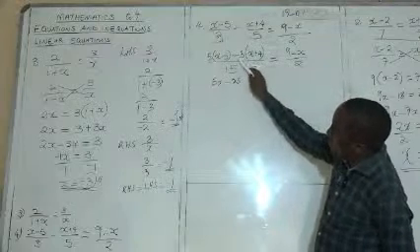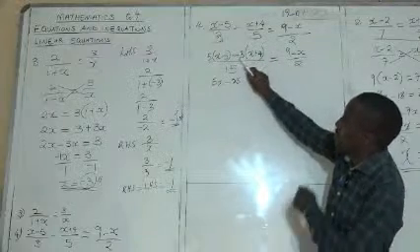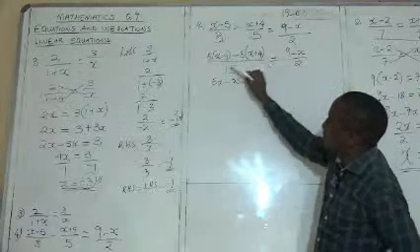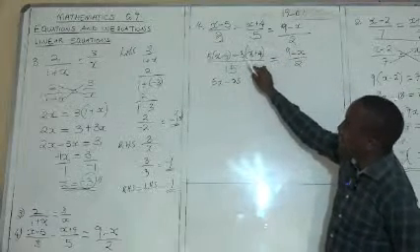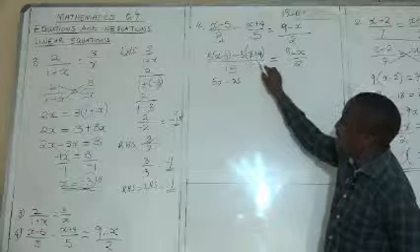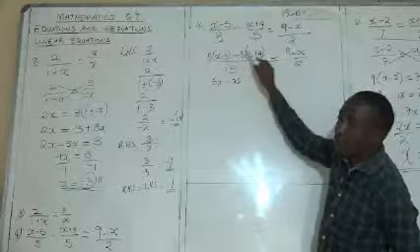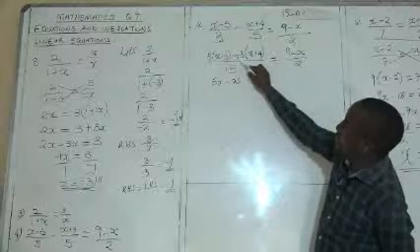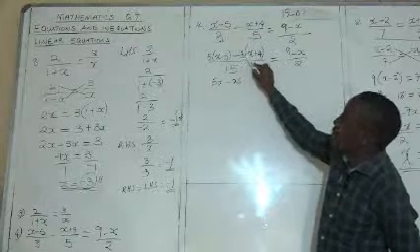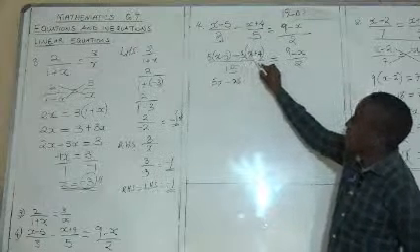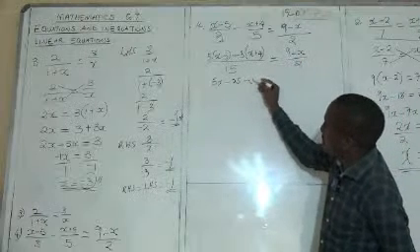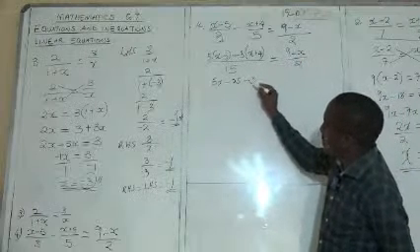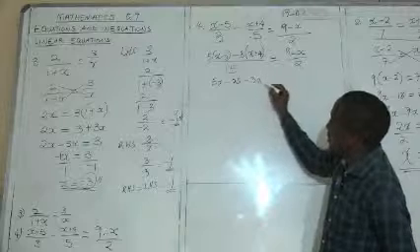Now look at the sign which 3 has, it has got a negative sign. So for you to multiply this 3 with x and 4, you should also carry the negative sign. So this is negative 3 multiplied by x, so that it will give you negative 3x.